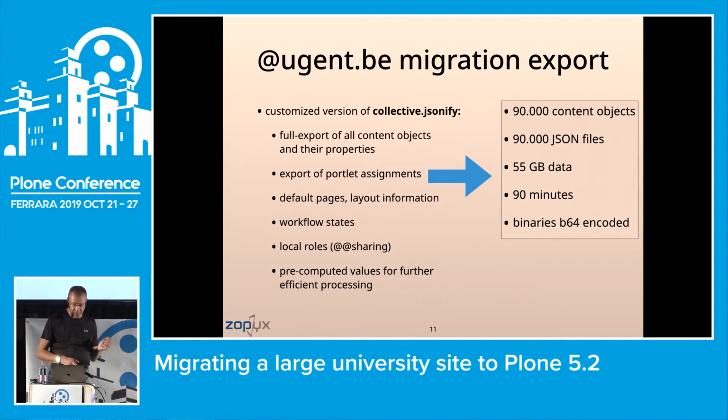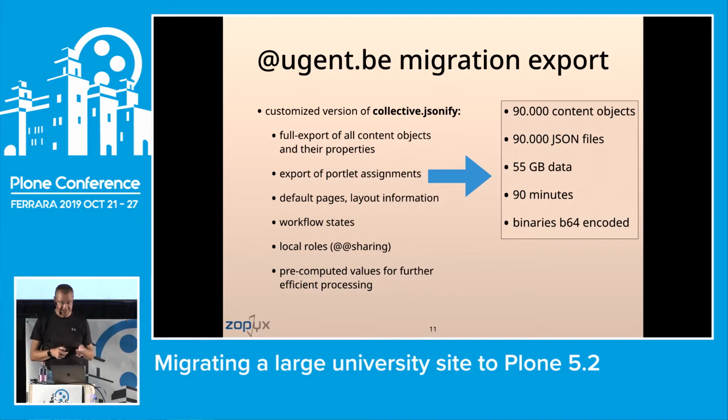As said, we've been using collective.jsonify. We did some minor extensions. I think the major extension was that we added support for exporting the Plone portlets, because JSONify did not care about portlets.